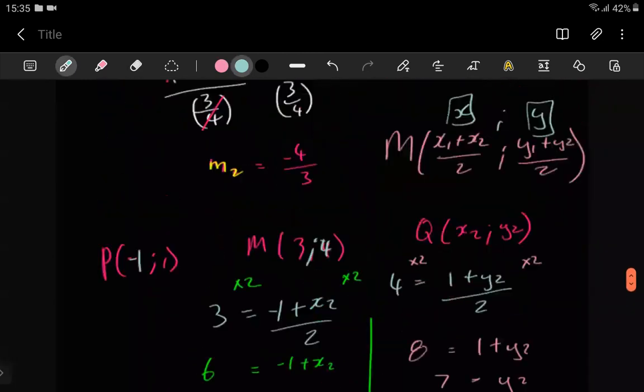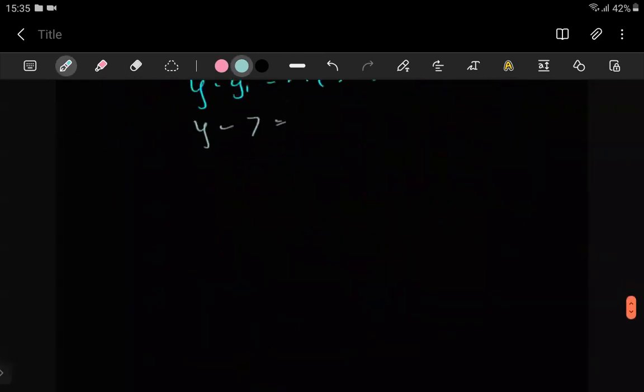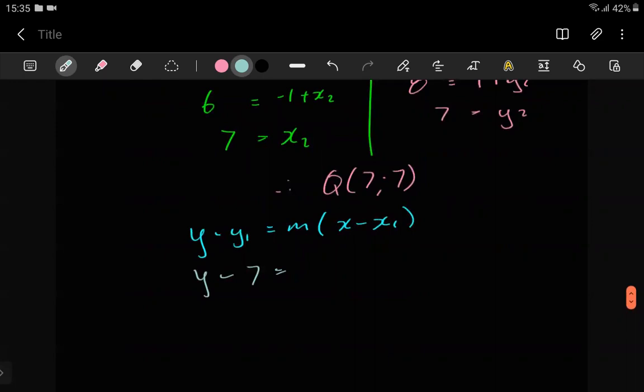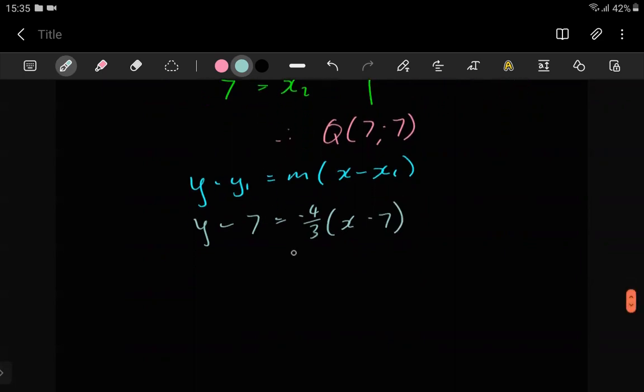But anyways, it's -4 over 3, times x minus 7. So y minus 7 equals -4 over 3x, then positive 28 over 3.